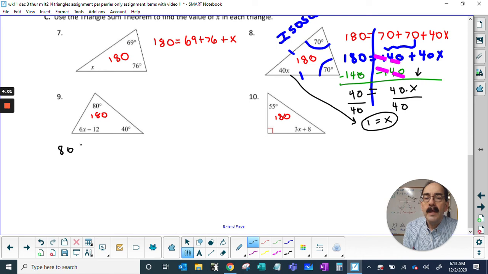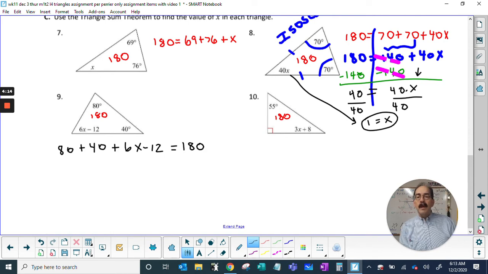80 plus 40 plus, oh, a little bit more complicated, huh? 6x minus 12 equals 180. Cool. And we can put the like terms together, and we still have our 6x.